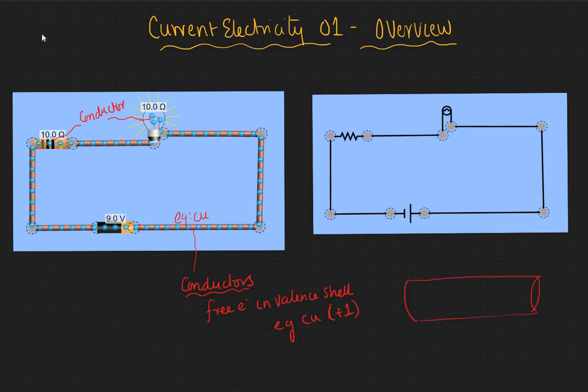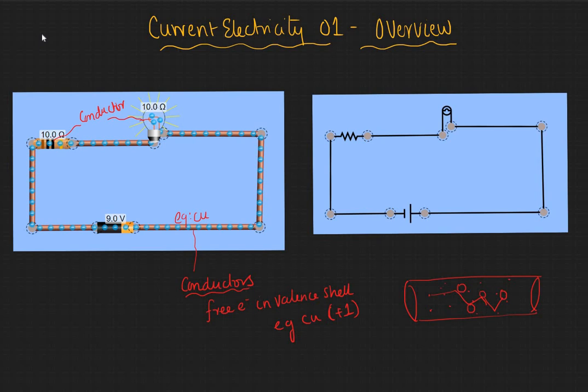a good way to look at this is that you have these electrons, and as they move, they collide with the atoms around them. This is just an imaginative visual representation of what could be happening.